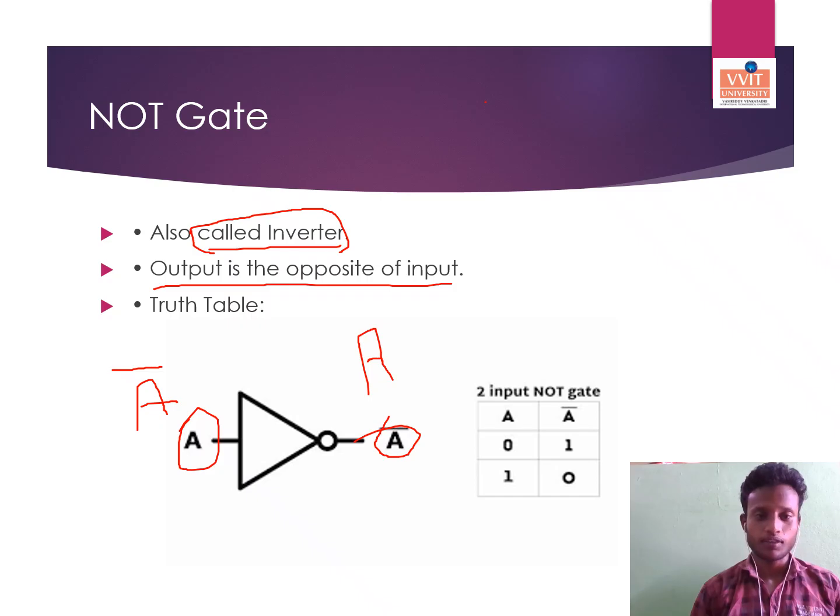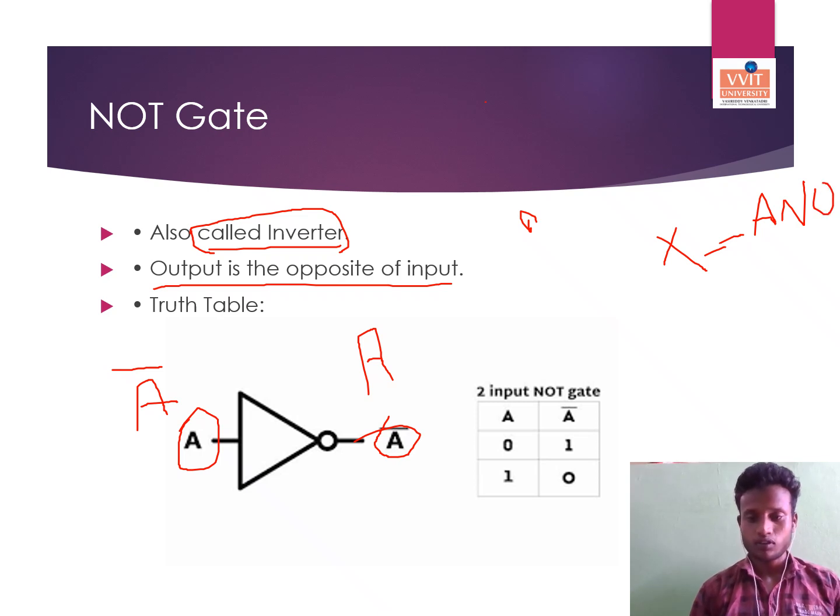These are all about the basic logic gates. What are they? AND, OR, NOT. The AND performs the multiplication operation, the OR performs the sum operation, and the NOT performs complement.